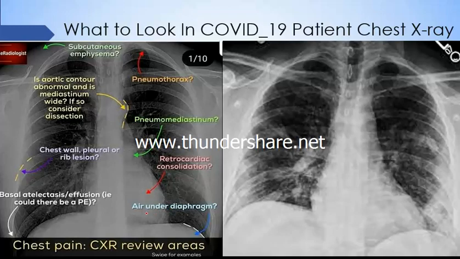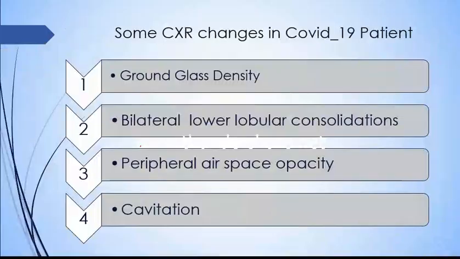And also you should look at the diaphragm, whether there is air under the diaphragm or not. And also you should look for pneumomediastinum. These things you should look for in a COVID-19 patient.